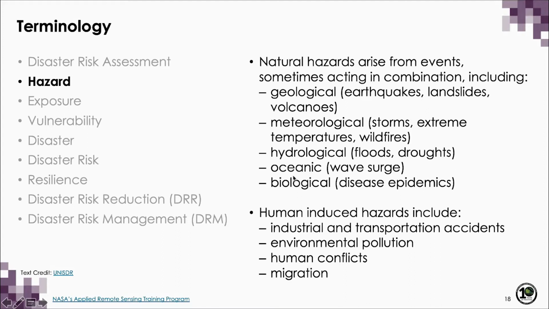Oceanic, where you have ocean wave surge. Biological, it's diseases and epidemics. Human-induced hazards include industrial and transportation accidents, environmental pollution, human conflicts, human migration. These are all causes of hazards. Now, in this webinar series, we will be focusing on natural hazard only.